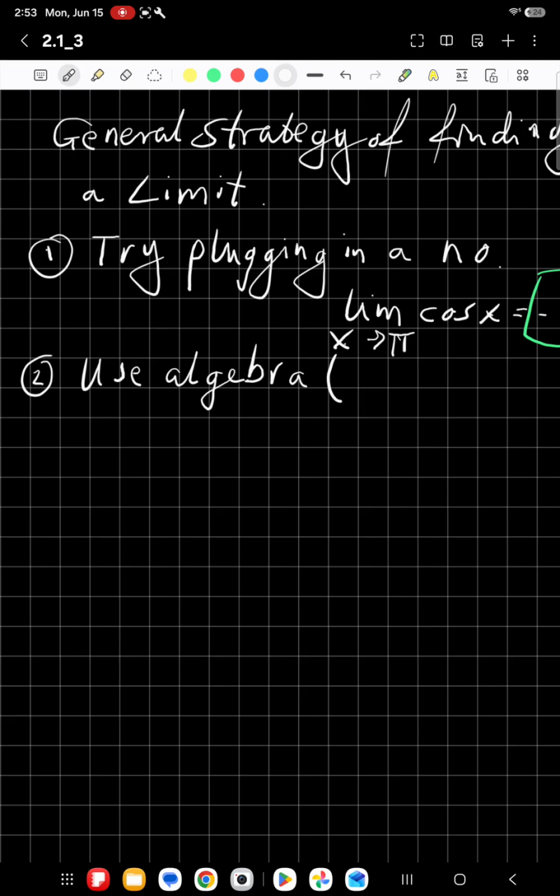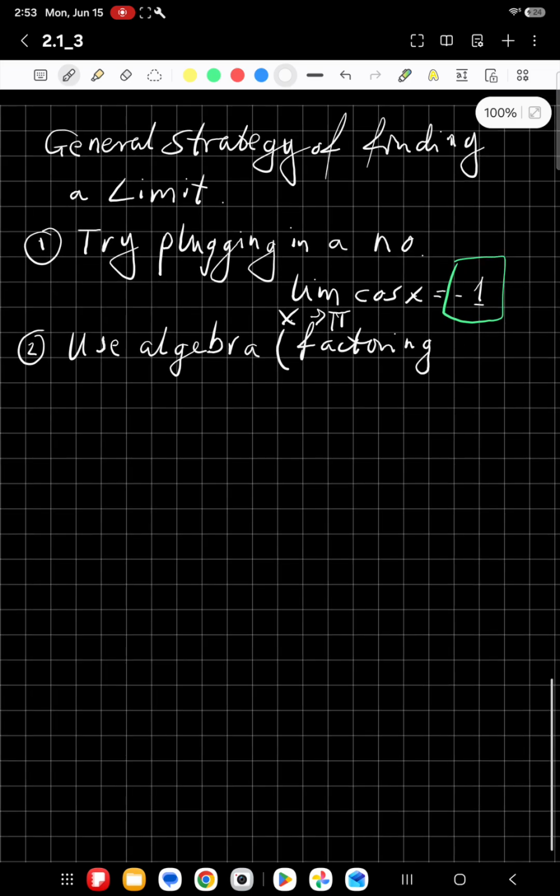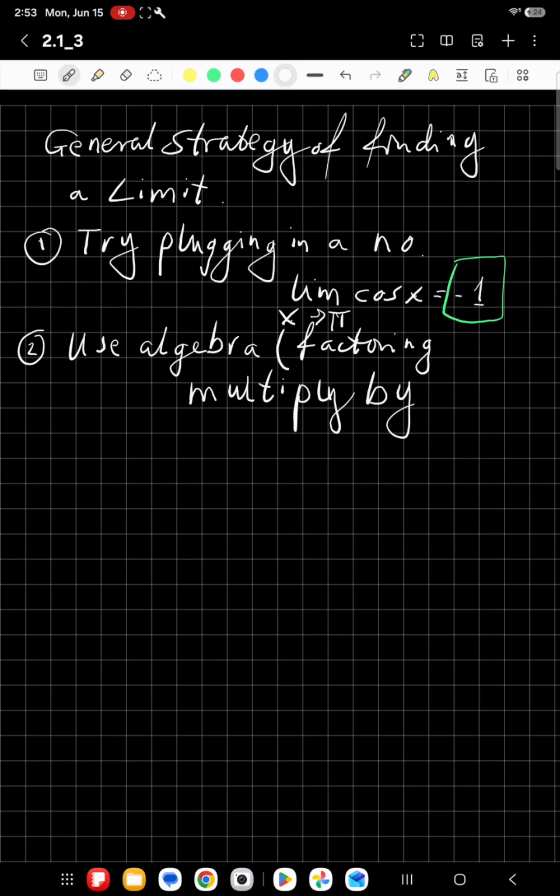So it could be factoring, or we could multiply by the conjugate. There are other techniques that I'll show you later.